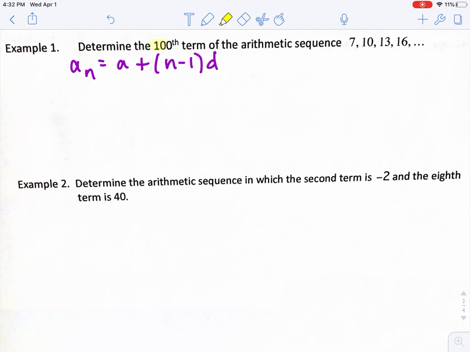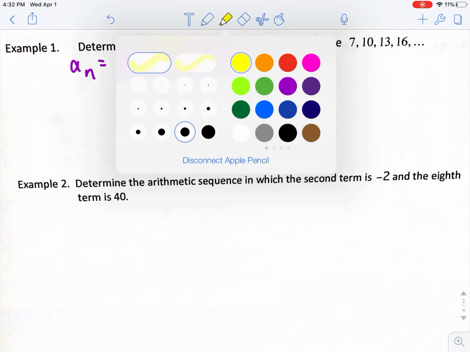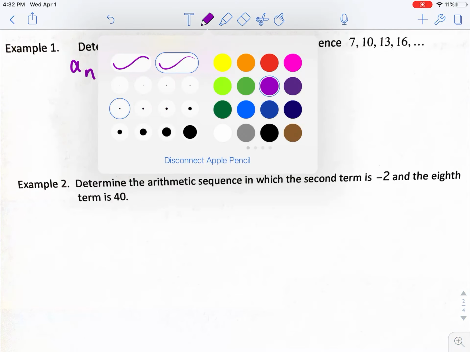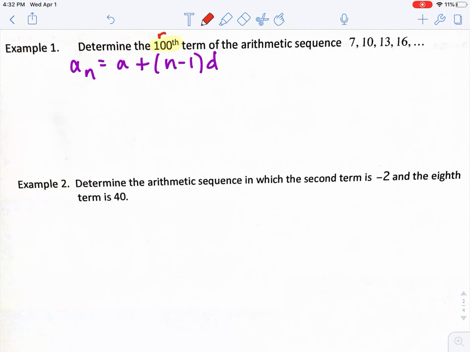So in this case, I've got the 100th term, so that 100 is going to be n. Over here, we've got the first term, that's a, and then notice I'm going up by 3 each time, so d equals 3. So we've got a equals 7, d equals 3, and n equals 100.